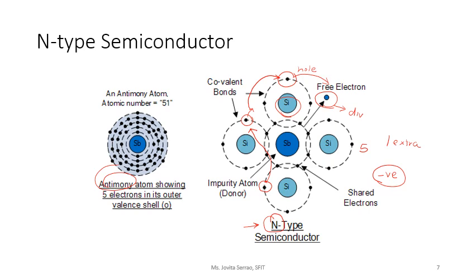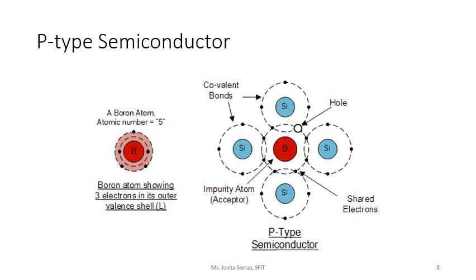I had asked you all to remember 3 groups, group 4, group 5 and group 3. I have already used group 5, so definitely for a P-type semiconductor, what we will be using is a group 3. Group 3 elements have 3 electrons in the outermost orbit. As soon as you introduce this element boron here, what happens is there is a hole that is already available. Okay.